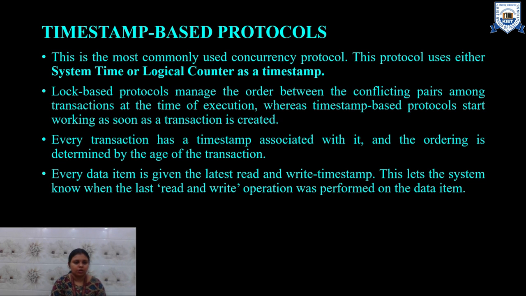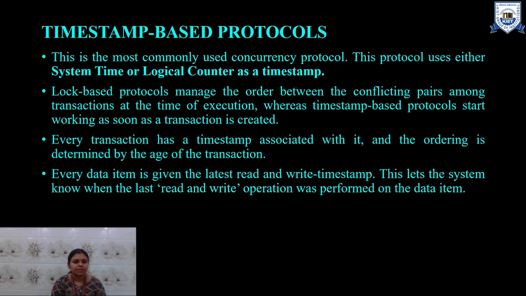Now the next type of protocol is the timestamp-based protocol. This is the most commonly used concurrency protocol. This protocol uses either system time or a logical counter as a timestamp. Lock-based protocols manage the order between the conflicting pairs among transactions at the time of execution. When I say conflicting pairs, I mean read-write, write-read and write-write.